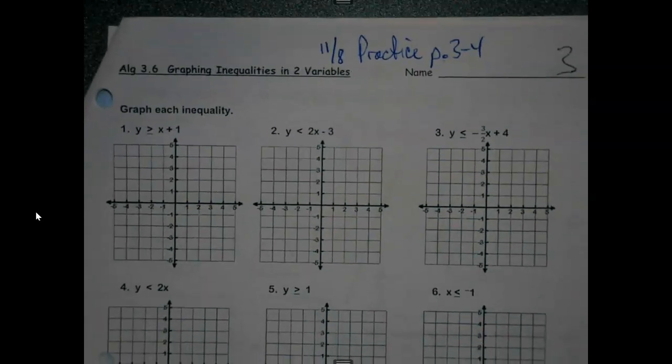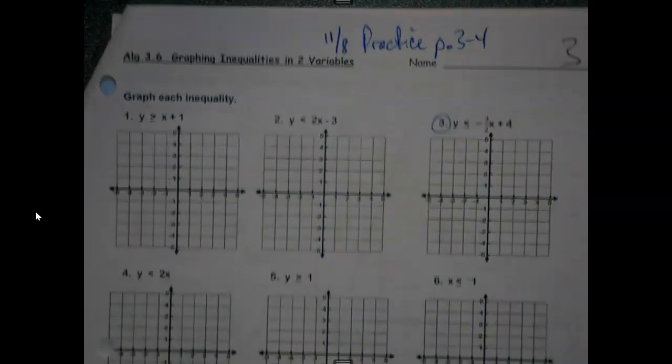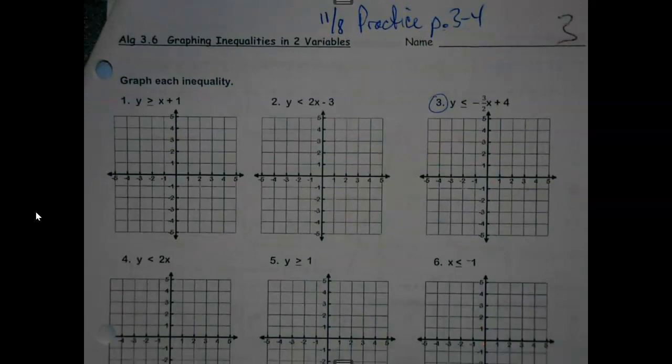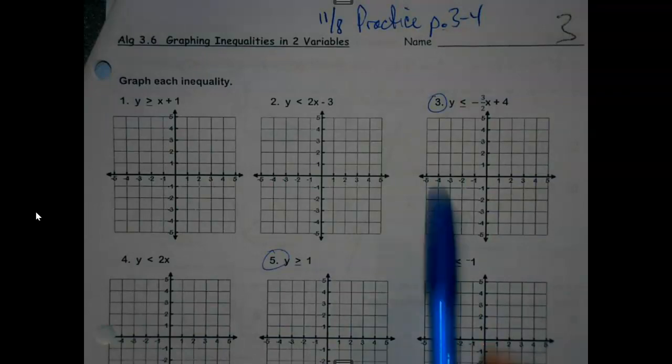So what we're going to be doing here is graphing the inequalities. Let me pick one that looks like it's going to be interesting. I see 2 that look interesting. We're going to do 3, and we're going to discuss 5. We may chat a little bit about 6. I look, and it's in y equals already.